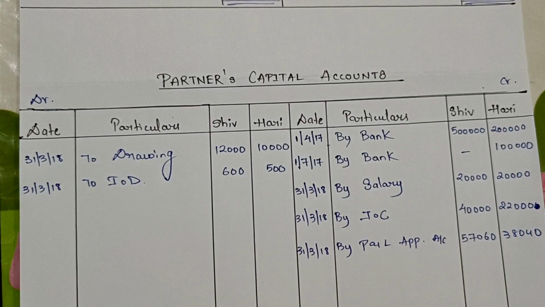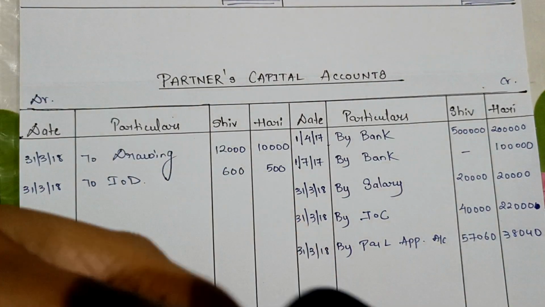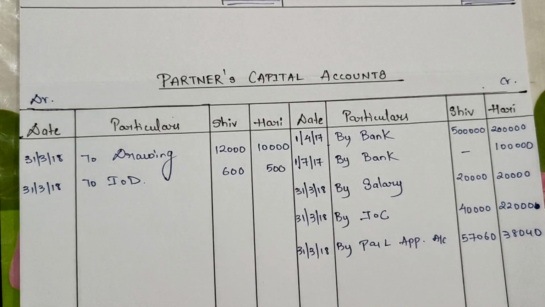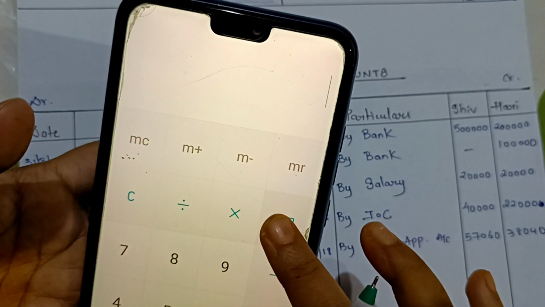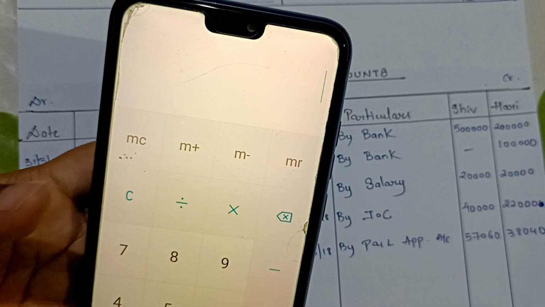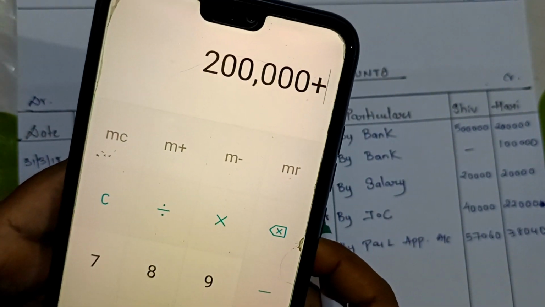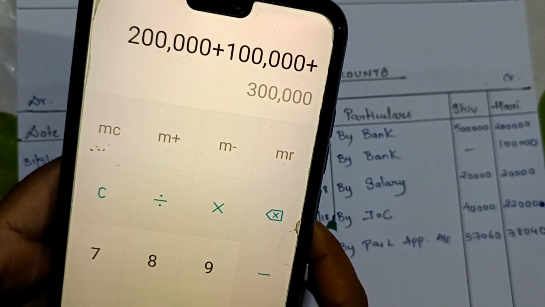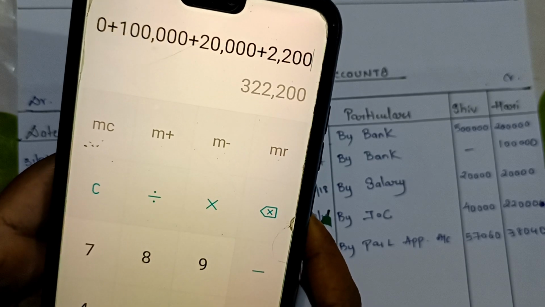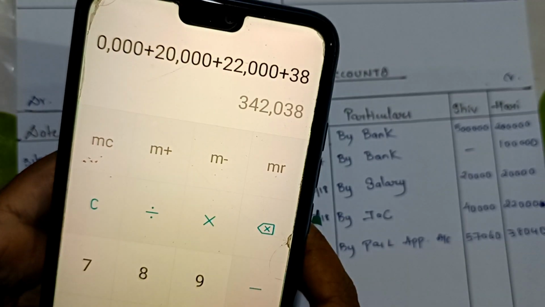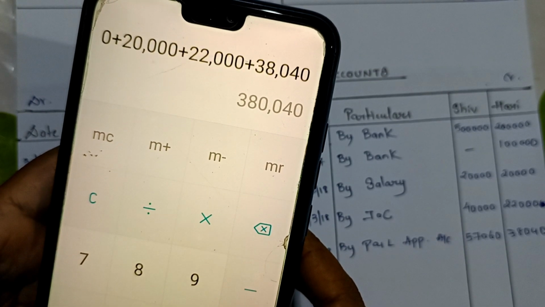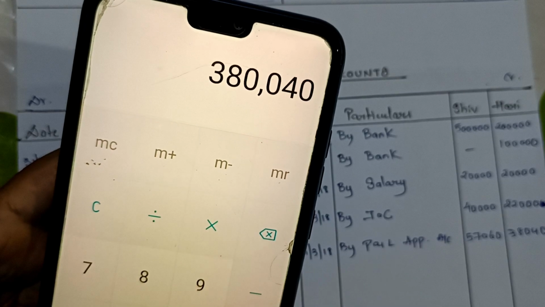Now we will see which side is more. Let's see the Hari side. Hari's credit side: 2 lakh plus 1 lakh plus 20,000 plus 22,000 plus 38,040.